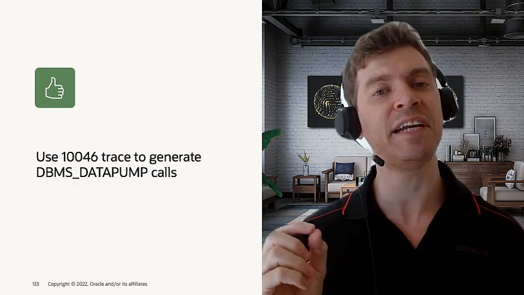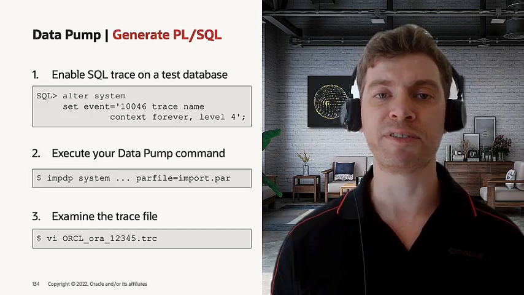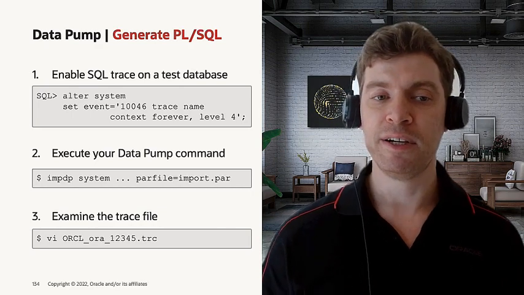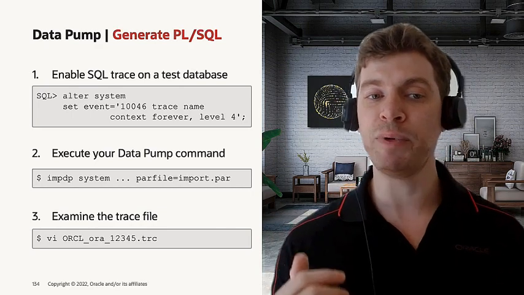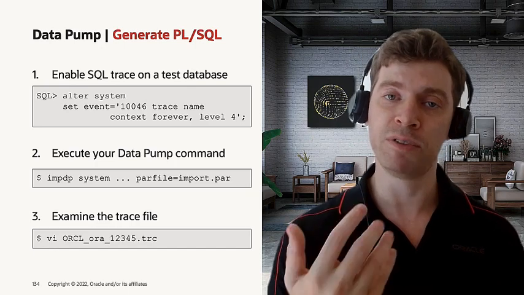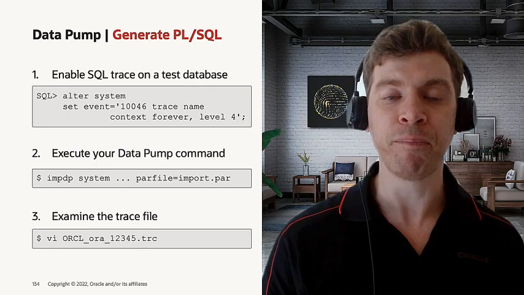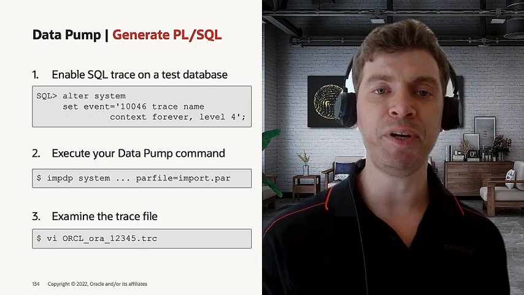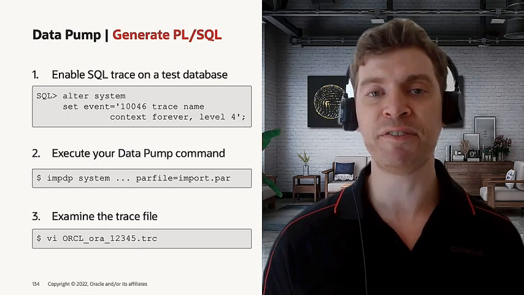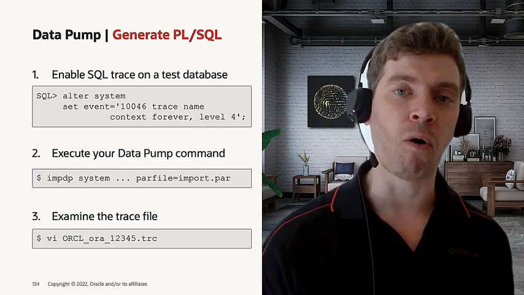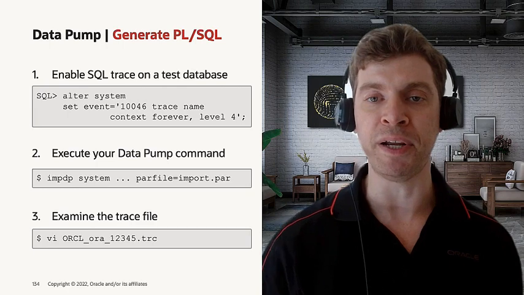Remember that this system event is a bit resource consuming, so only try it in lab or test environments. So first, we enable the SQL trace on this database. Then we call expdp or impdp. After we run expdp or impdp, we will have in the trace file all the DBMS_DATAPUMP commands that were called by the binary impdp in this example.